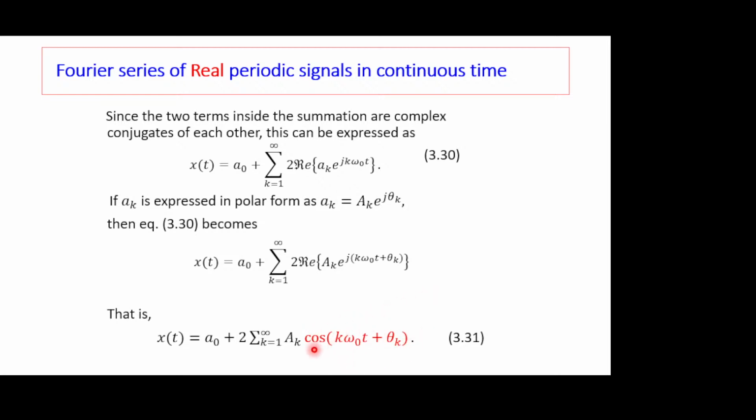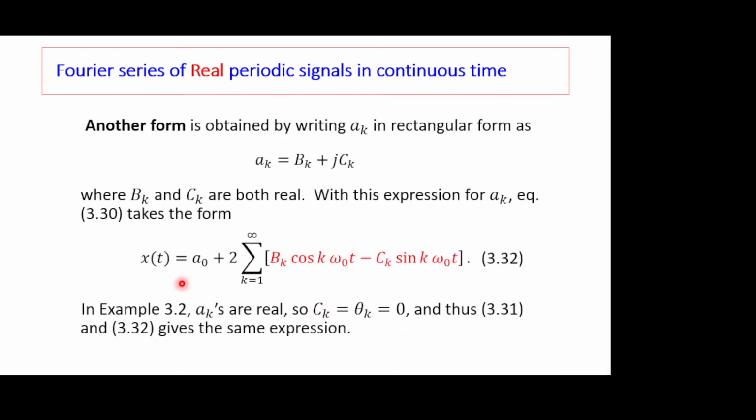But we want to see the derivation in another way: you break your ak in rectangular form instead of polar form. So ak equals big bk plus j big ck, where bk and ck are real.